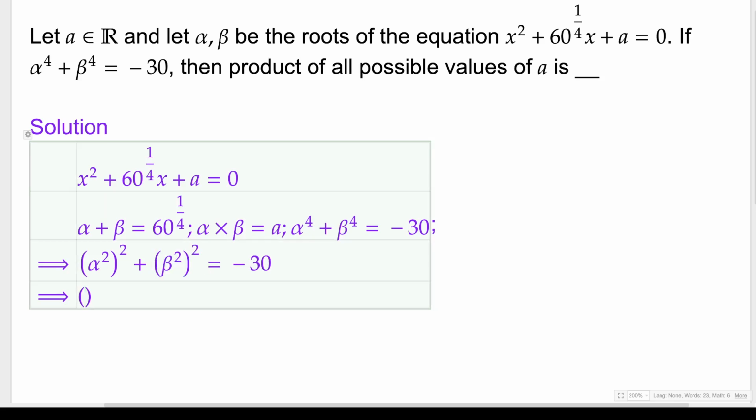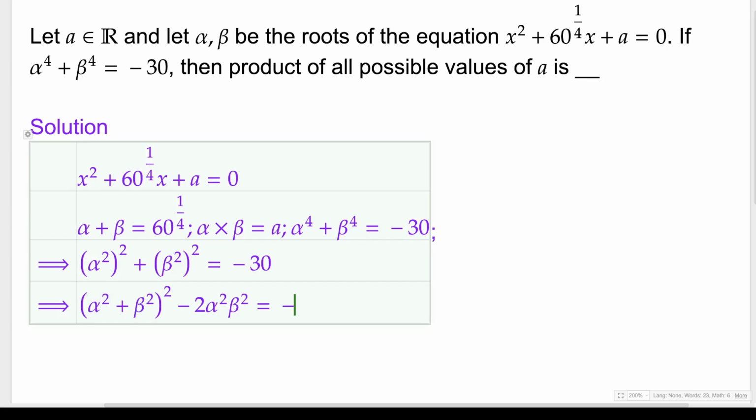So we can write this in the form of a square plus b square as alpha square plus beta square, the entire thing squared, minus 2 times alpha square times beta square.